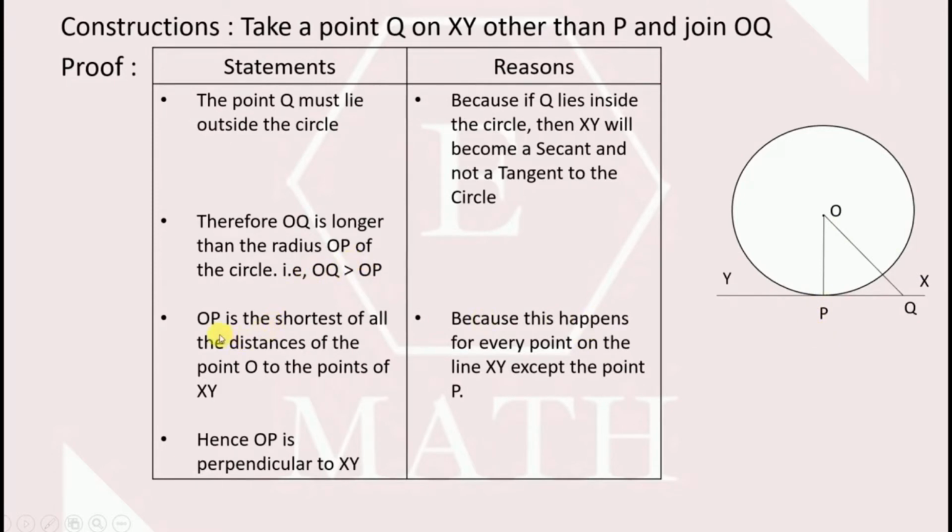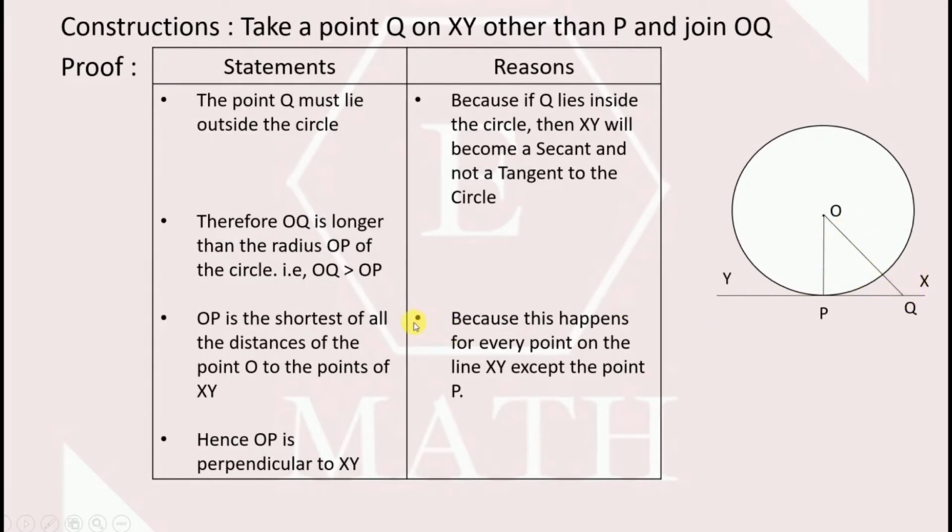Then the third point: OP is the shortest of all the distances of the point O to the points of XY. Correct? This holds for every point on the line XY except the point P. So other than P, if you take any point on this line XY, OP will always be the shortest of all these straight lines, and in this case we have the line OQ, right?